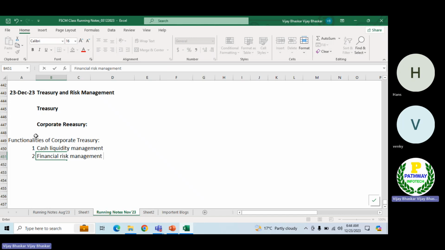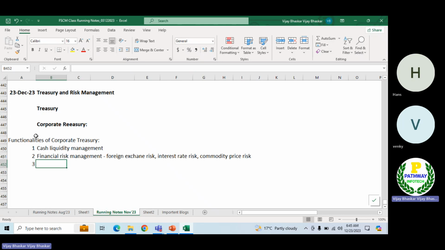In this financial risk, there is foreign exchange risk, interest rate risk, and commodity price risk. Then the next one is working capital management. Then long-term funding.